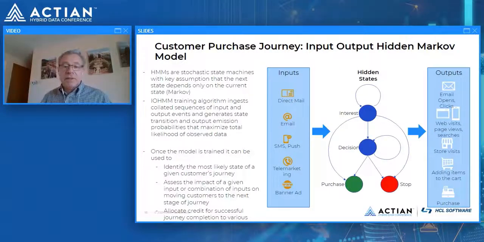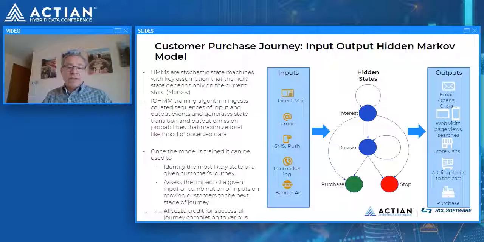And the next use case is trying to understand customer journey. For this scenario, the appropriate model would be an input-output hidden Markov model. If you are not familiar, hidden Markov models are stochastic state machines with the key assumption that the next state only depends on the current state, so there is no looking back in history.